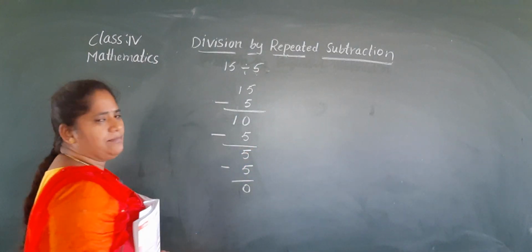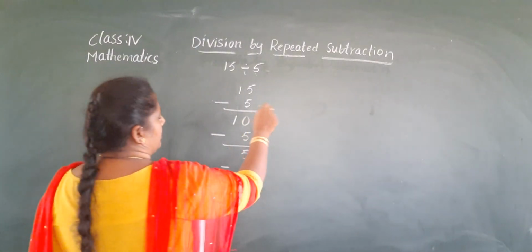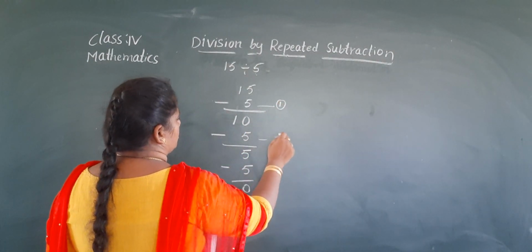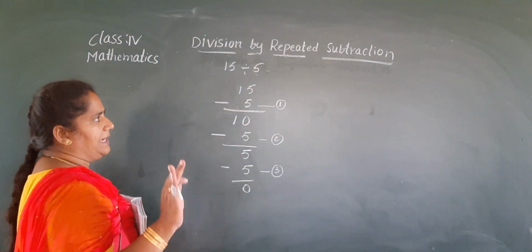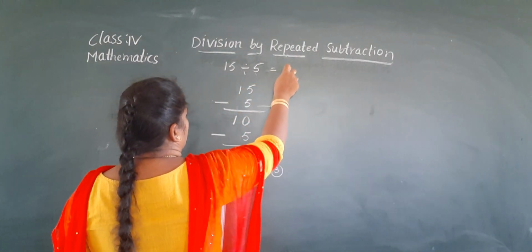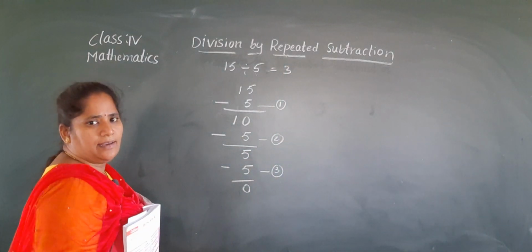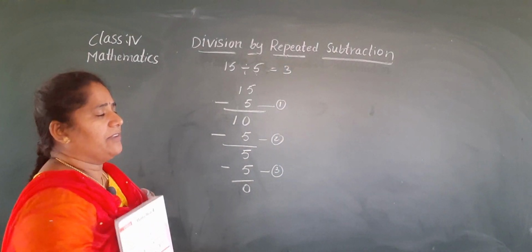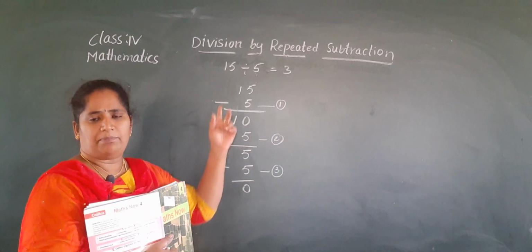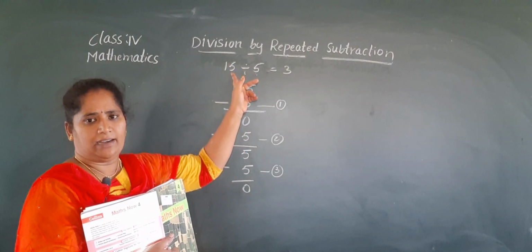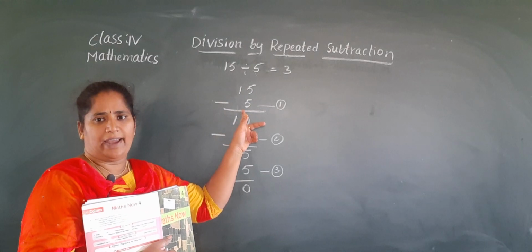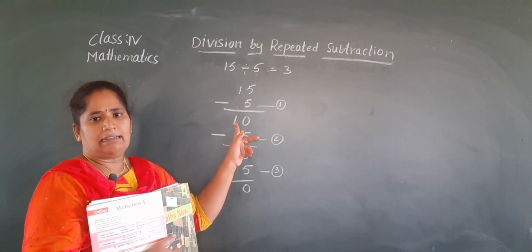So how many times did we subtract here, children? Yes, 1, 2, 3. So we subtracted 5 three times. So the answer is 3. Okay, is it clear to you children? 15 is being divided by 5, so you subtract 5 from 15. 15 minus 5 is 10.